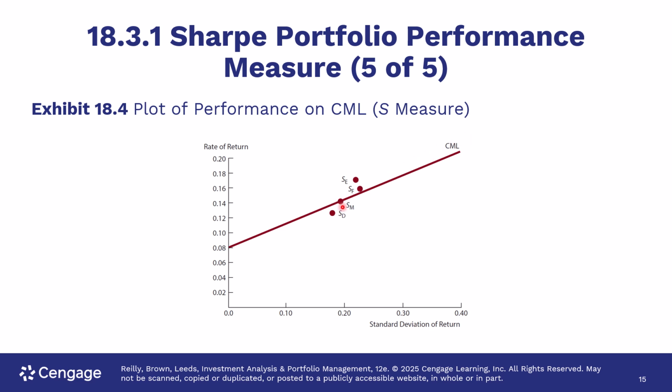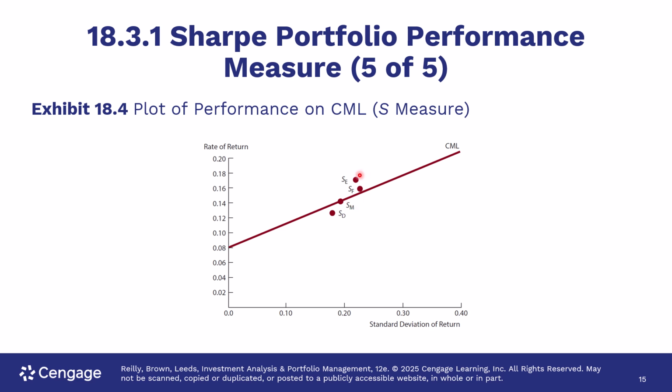Remember that the market portfolio theoretically has all risky assets in it, so it's completely diversified. And we learned in a previous chapter that all portfolios along the CML are completely diversified, right? There is no unsystematic risk in those portfolios. All right, so that's the Sharpe of the market.